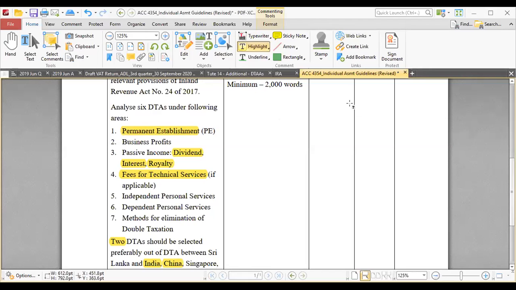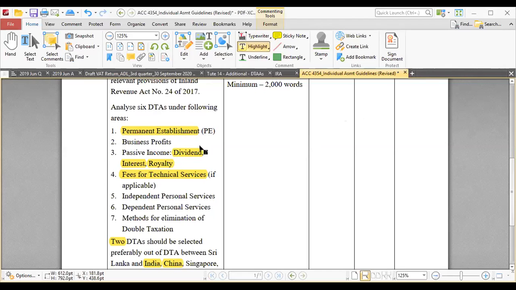Then the next column says what the DTA between India and China says. Then you can analyze these 3 together for each article, and you need to mention the IRA provisions as well.